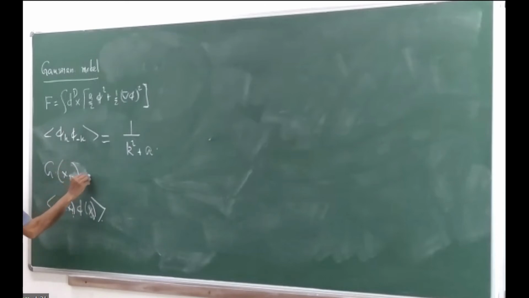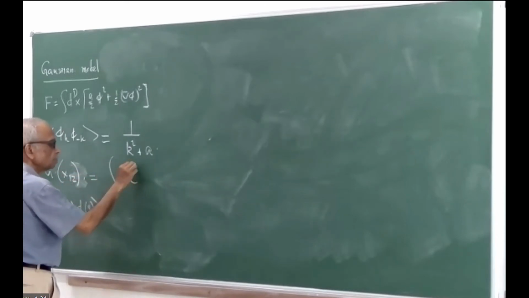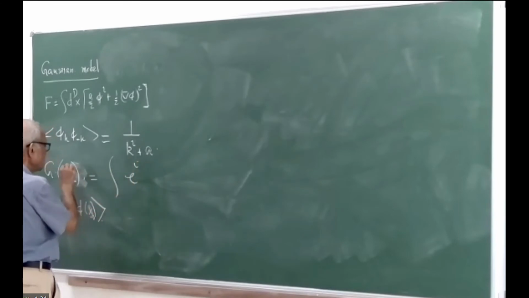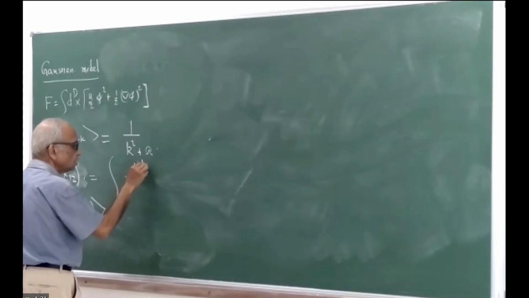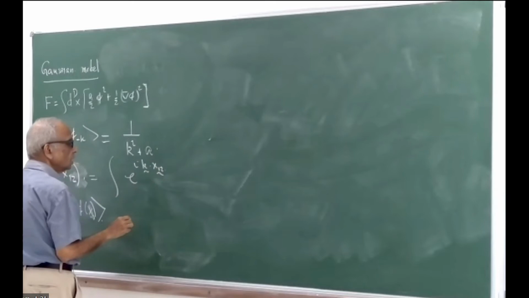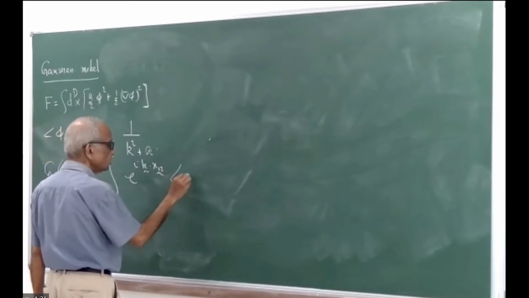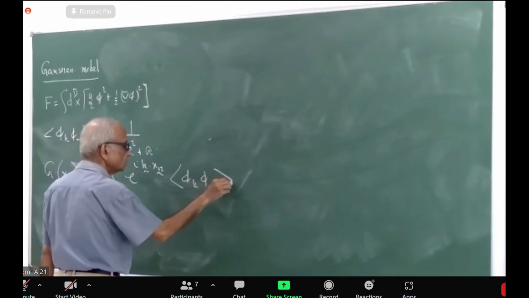And g of x12 is the integral, e to the power i k dot x. This is a vector. It will be a function of the scalar part, but in general, it is going to be a vector. And then it is the phi k, phi minus k.